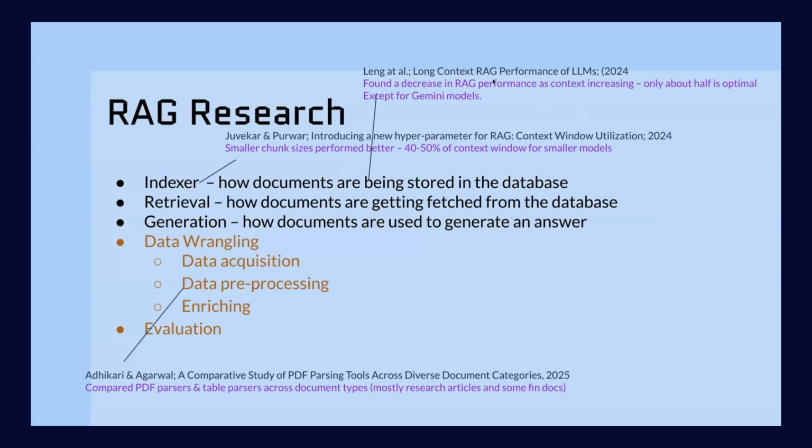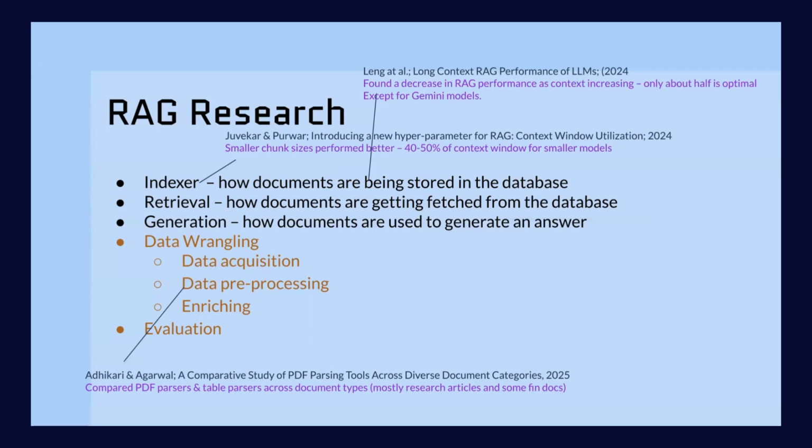Long context RAG performance of large language models. They did a comparison of different chunk sizes, and they found that as you make the chunk size bigger, the model's performance at answering the questions you give it decreases. I gave Gemini as an example, but Gemini was actually the exception.